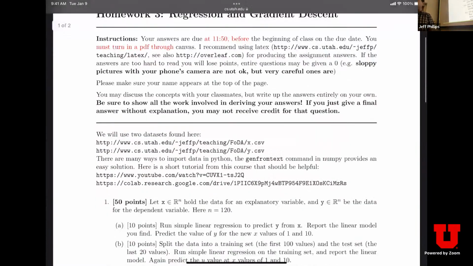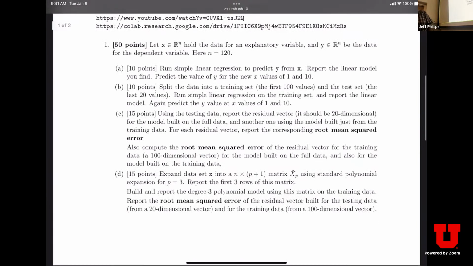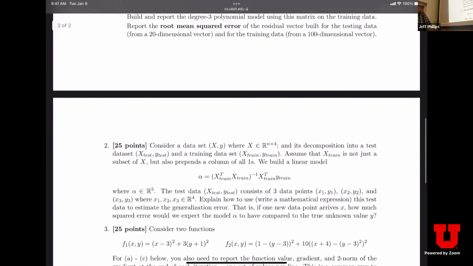After the lecture today, you should be able to do the first two questions. The first one is working through some examples in regression. And then the second one is a question on what regression actually means, so trying to write out the mathematics.